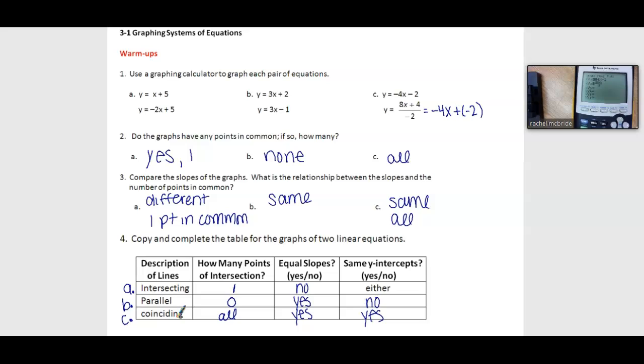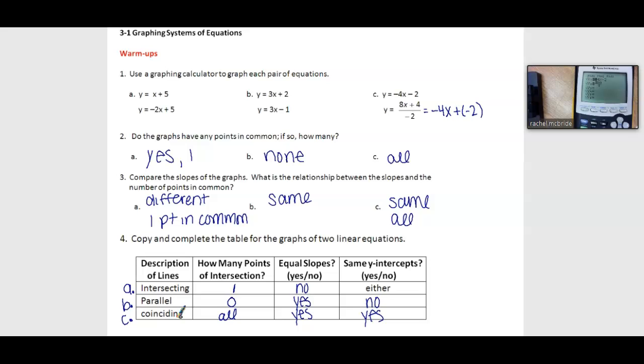Parallel lines and coinciding lines will have the same slope. Intersecting lines cannot have the same slope. And then the y-intercepts are varying depending on what equations we're talking about.